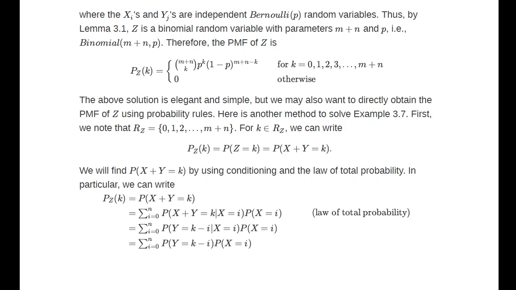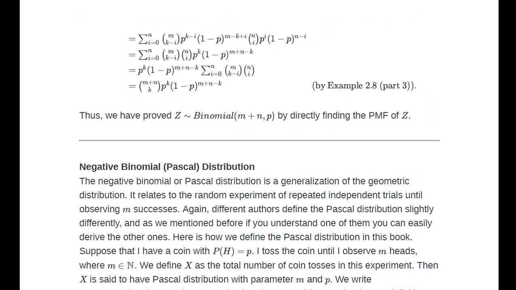is equal to the summation from i equal 0 to n of the probability of Y equal k minus i times the probability of X equal i, which is equal finally to m plus n choose k times p to the power k times 1 minus p to the power m plus n minus k.